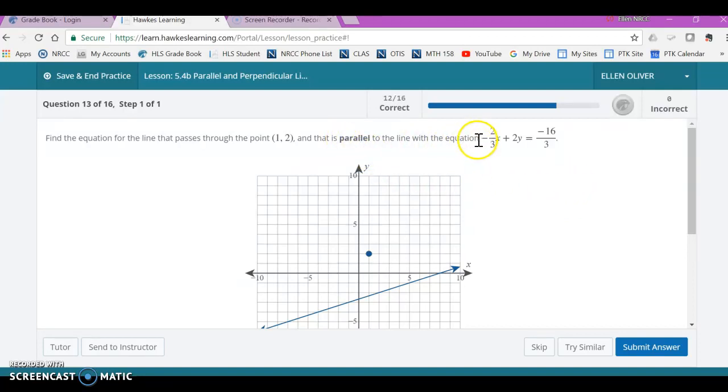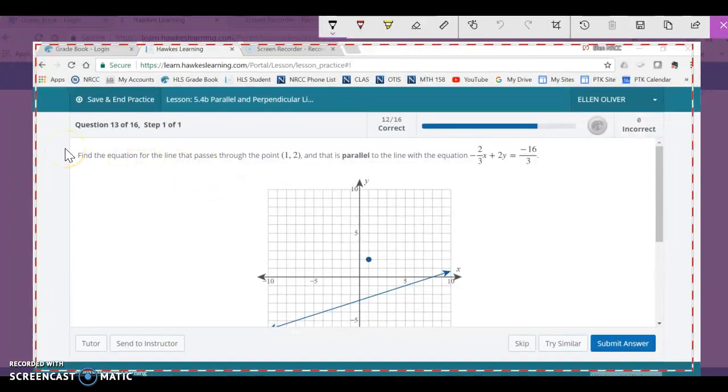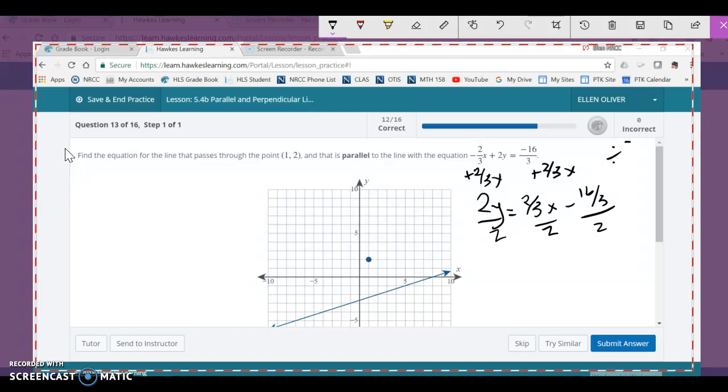So parallel to this guy, so I need the slope from him and then through that point. So I got to solve this guy for y to find the slope. So I'm going to add 2/3 x to both sides. And I'm going to get 2y equals 2/3 x minus 16/3. Then I'm going to divide everything by 2, which is the same thing as multiplying by 1/2, right? Those are the same. Sorry how messy it is.